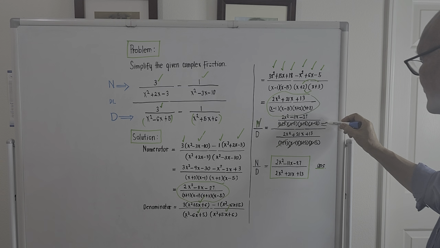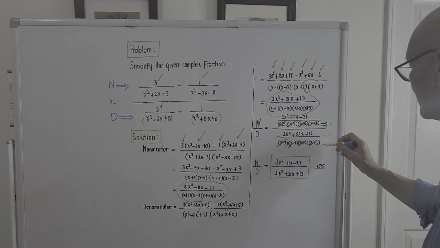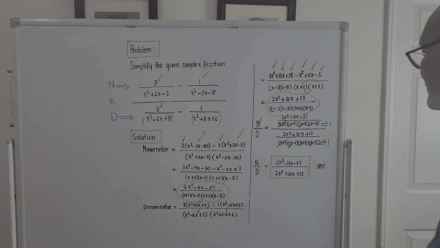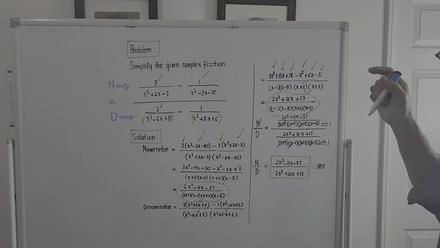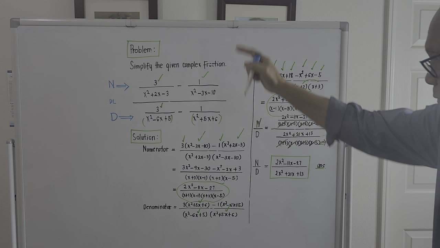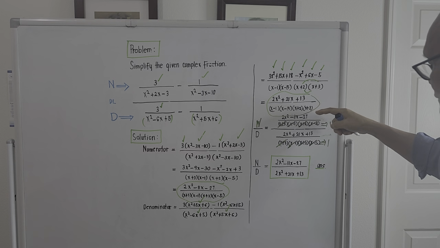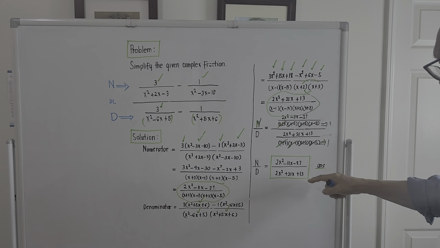So this is now actually equivalent to 1, and this is 1 also. So the resulting simplest equivalent of the given complex fraction will just be simply 2x squared minus 11x minus 27 all over 2x squared plus 21x plus 13.